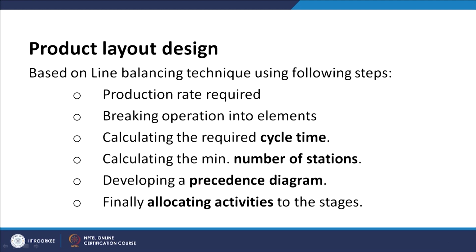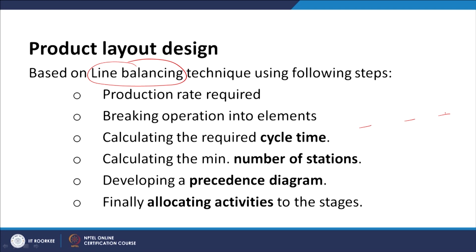What we have to consider for designing the product layout, the basic method, is the balancing of the line, which means the different stations are designed in such a way that all have almost equal time required to complete the job at each station, so that the wastage of time at each station is avoided or minimized.